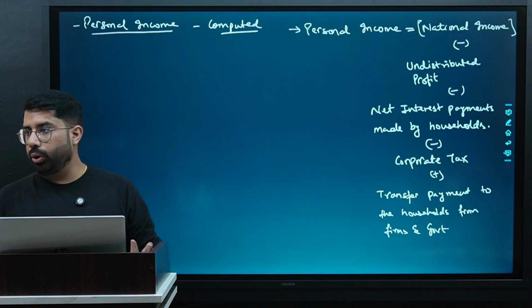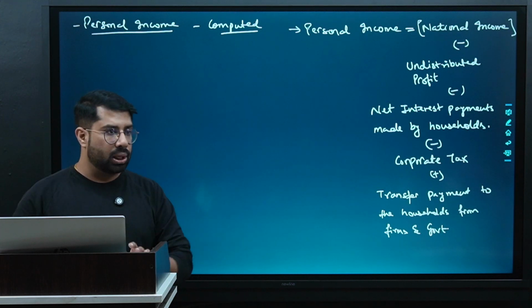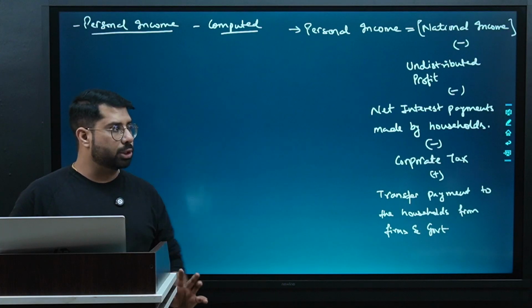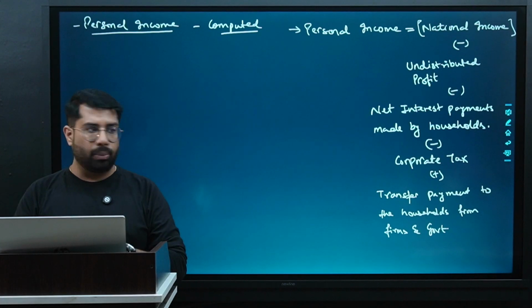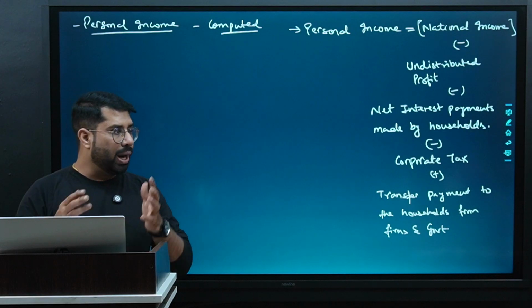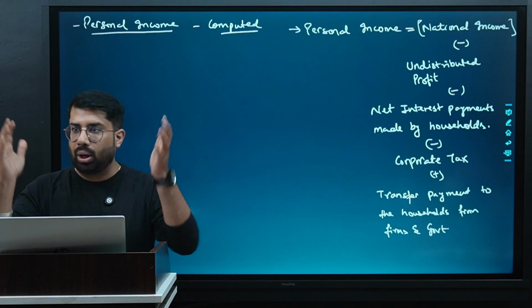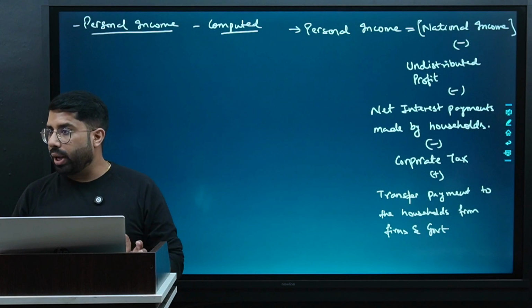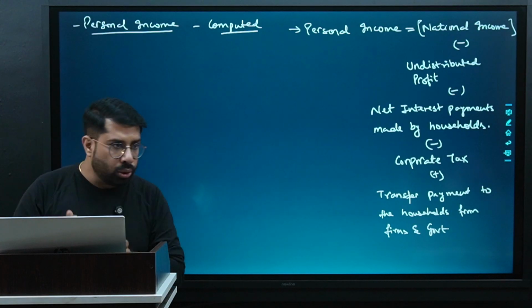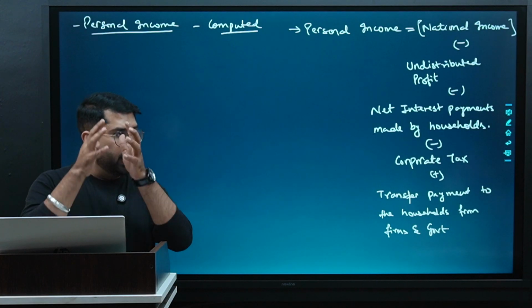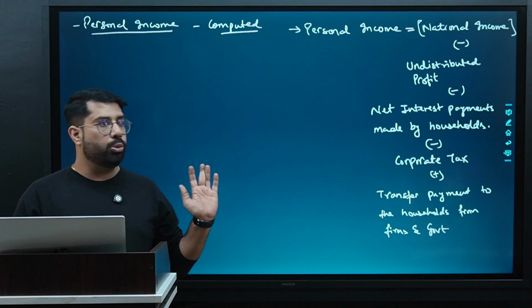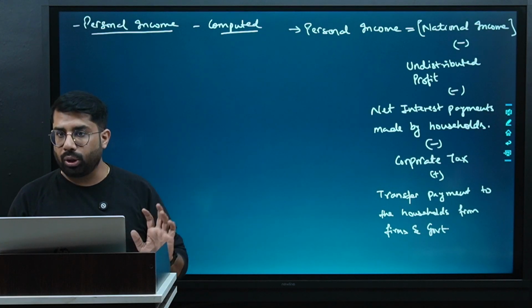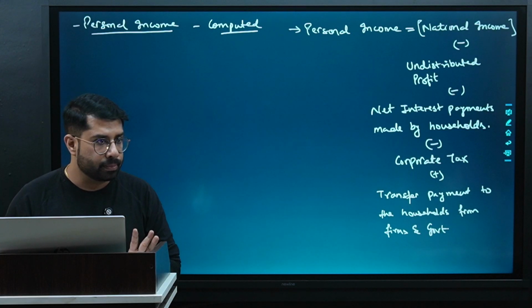So technically what we do, whatever fixed expenses are there, we subtract our fixed expenses from the national income to get the overall personal income, or you can say to get the income which is the actual income of the household, to get the amount which is actually retained by the households to be used freely the way they want, whenever they want, wherever they want.